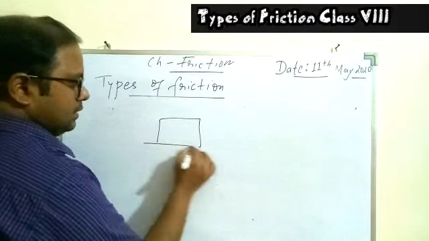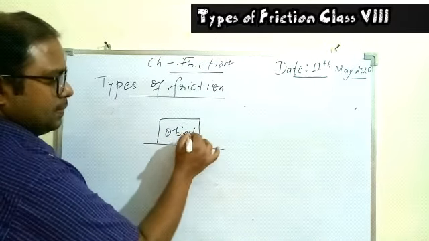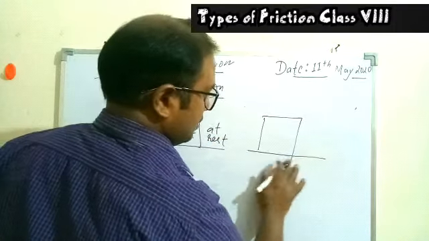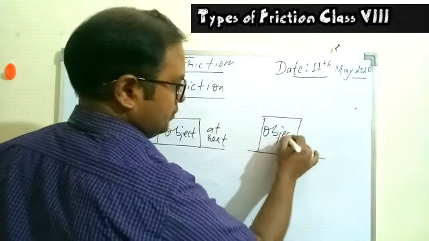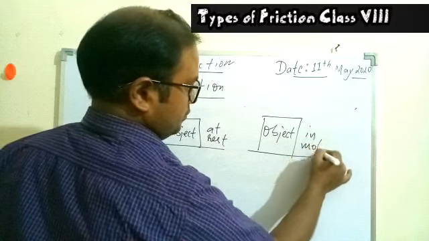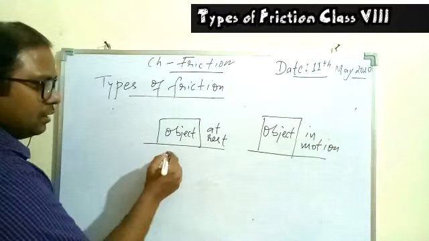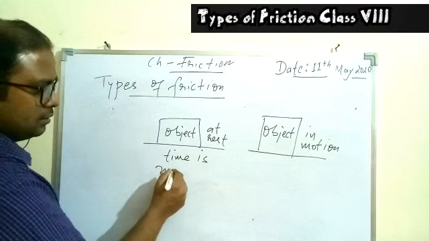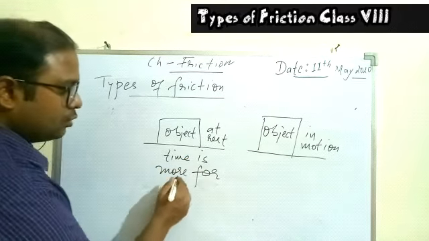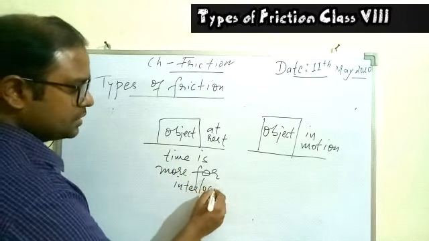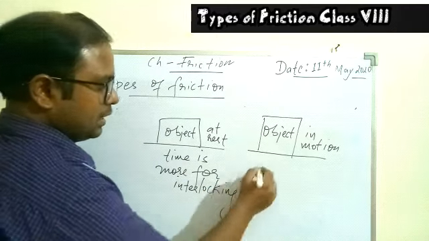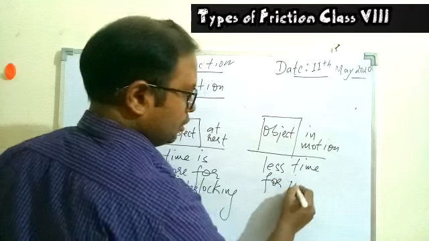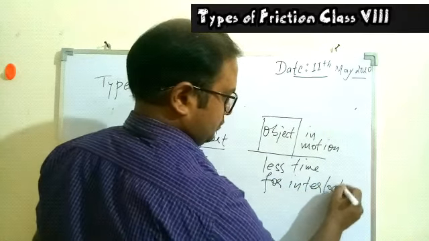So one thing is clear, that if the object is at rest and then the object is in motion, here it is at rest, so it will get more time for interlocking because the object is at rest, and here less time for interlocking.